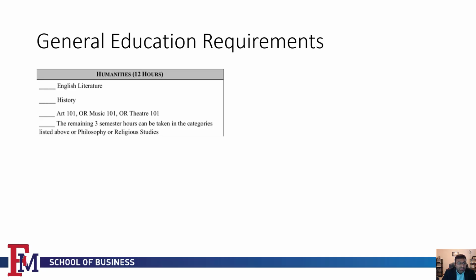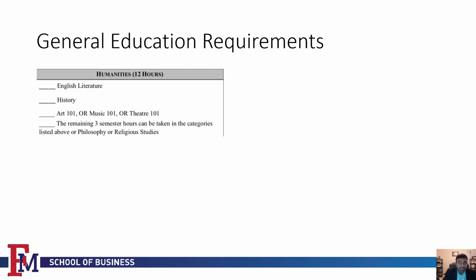For humanities, you need 4 classes or 12 hours, and the first one is English literature. For English literature, it's recommended you take English 250, but any other English literature course is acceptable.